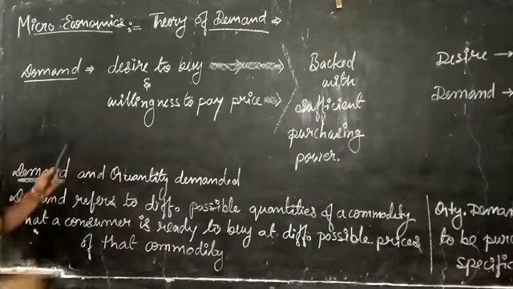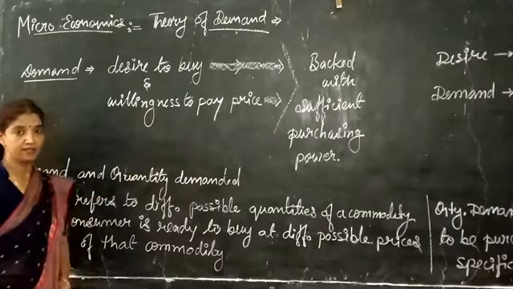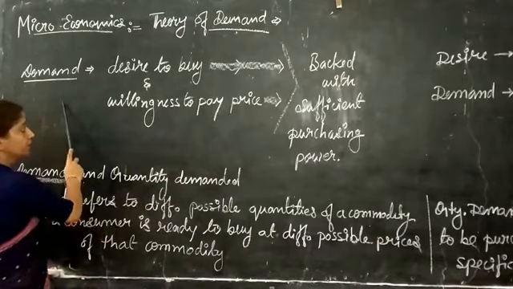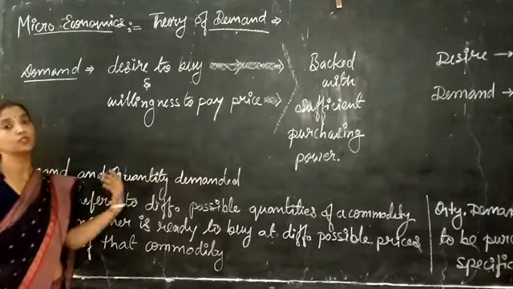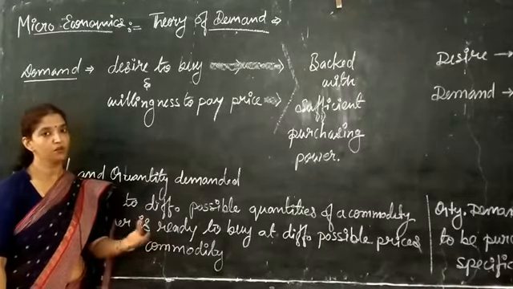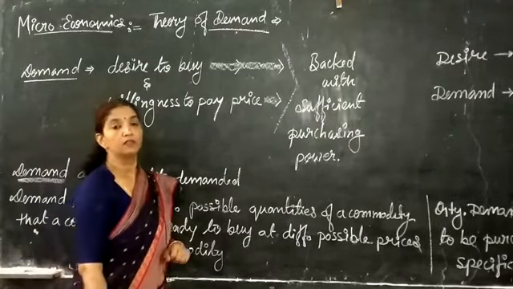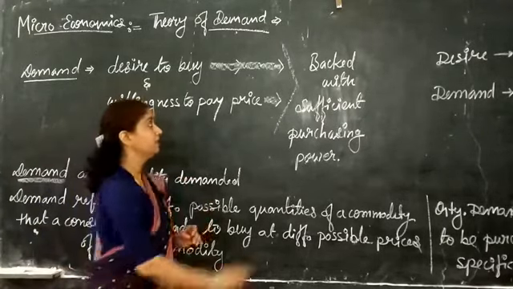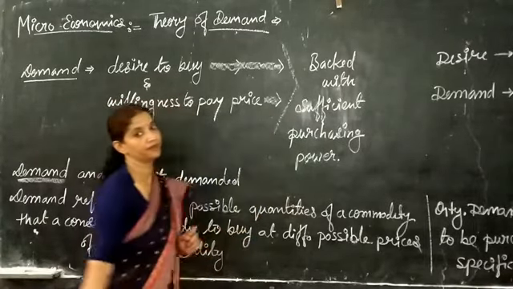Demand refers to the desire to buy goods and services, and to the willingness to pay a price or spend money on purchasing them. But the important thing is that it should be backed with sufficient purchasing power.